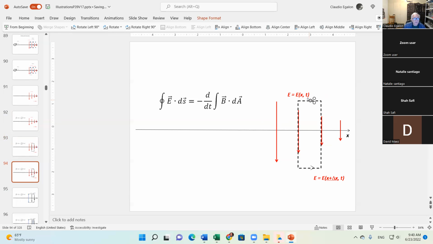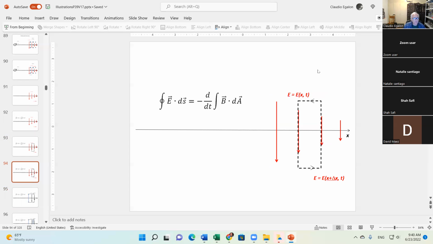I decided to take this direction of the loop. Why is that? There's a reason why I chose this loop direction, because it rotates in the direction of the magnetic field. You could have gone the other direction as well. You'd have gotten the same result at the end.